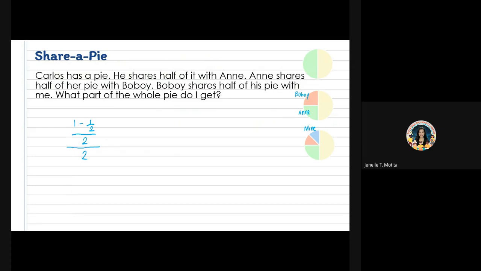So how do we solve? Let's now have the solving part here. The first thing is you evaluate the minor denominators. Let's answer 1 minus 1 half, which is 1 half.